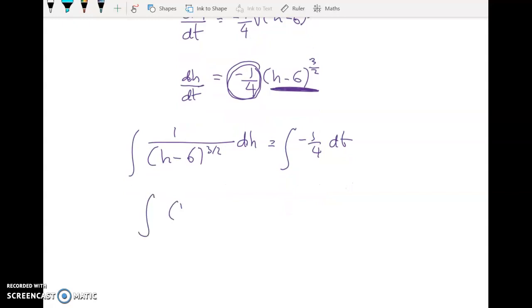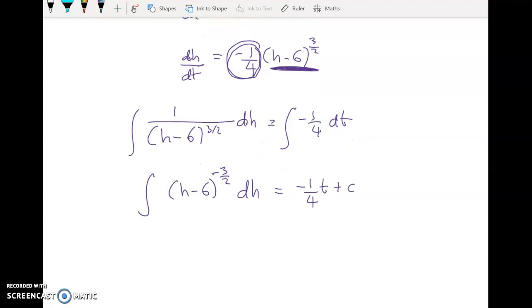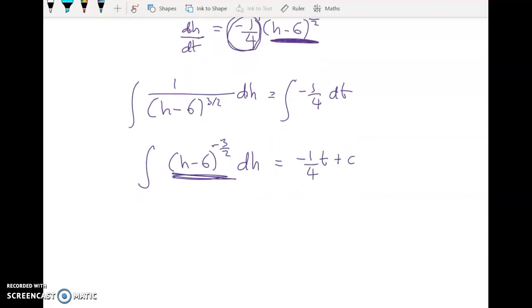So I'm going to rewrite this as (h minus 6) to the negative 3/2 dH, which is equal to negative 1/4 t plus c. Now, it's pretty easy to muck up this integral if you're half asleep, which is what I did the first time I went through this. So just be careful that it's going to be (h minus 6) to the power of negative 1/2, and I have to times by the reciprocal of that, so negative 2 times that.